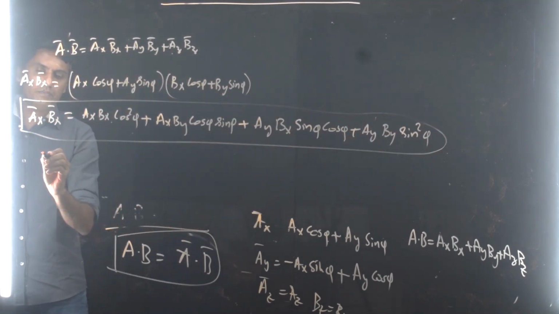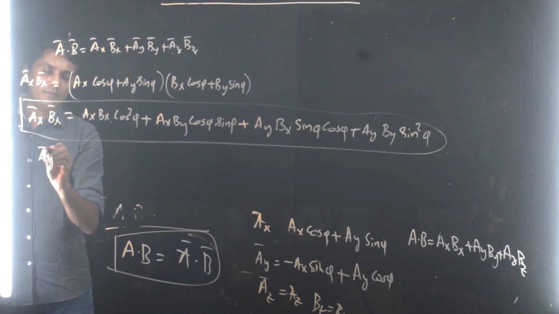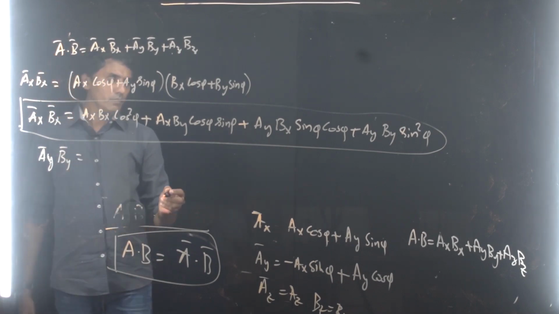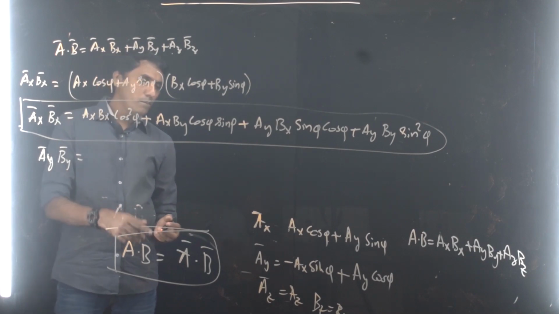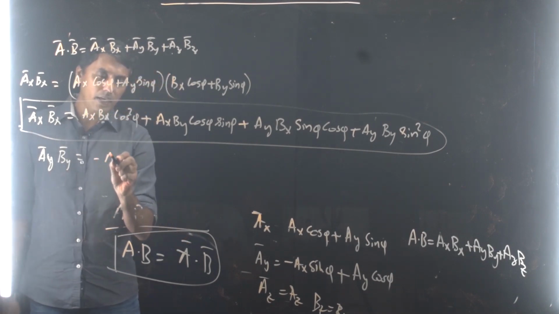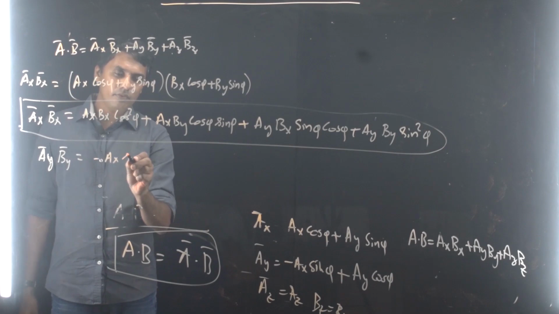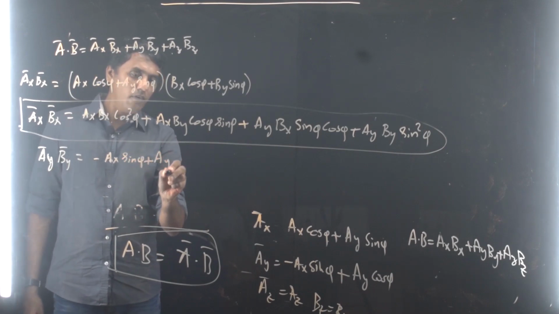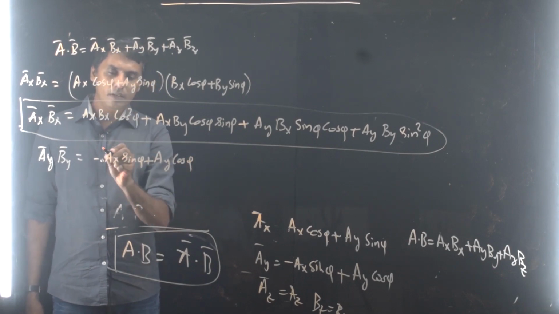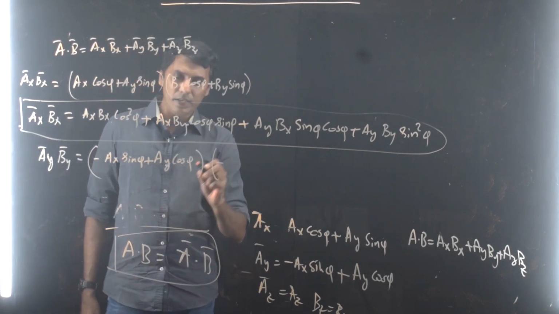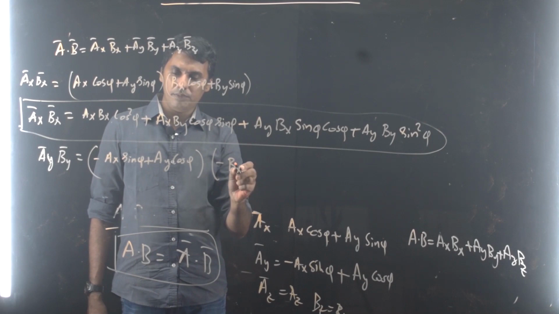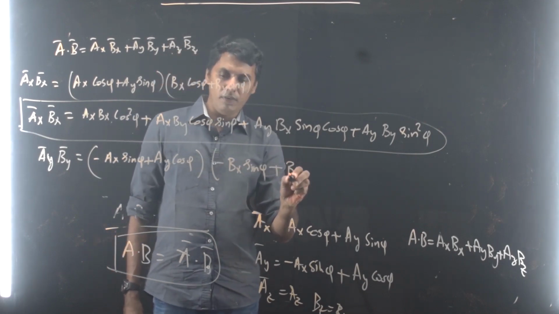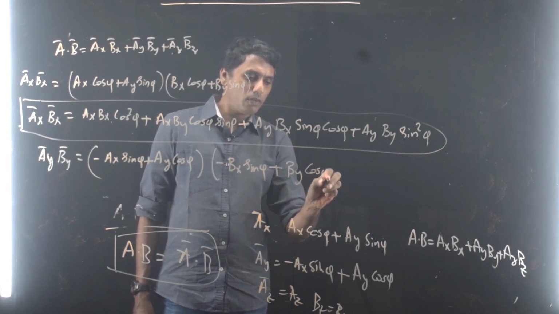Now your Ay bar By bar, that's equal to minus Ax sin phi plus Ay cos phi, into minus Bx sin phi plus By cos phi.